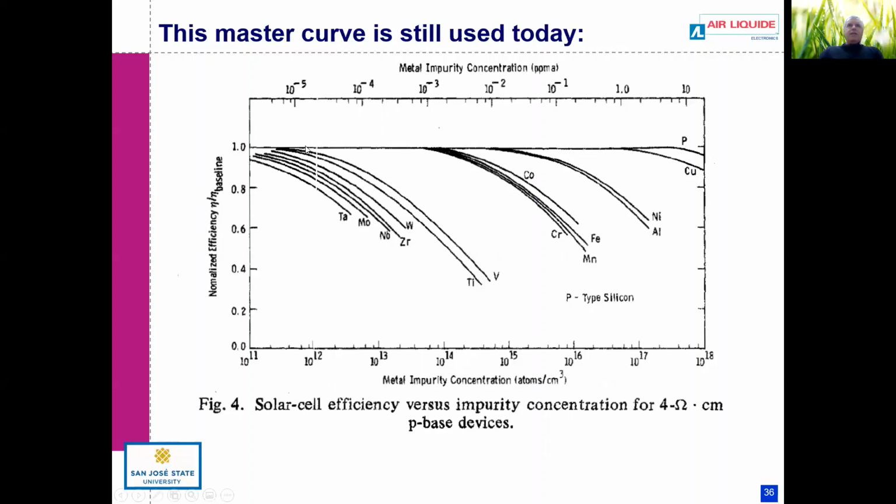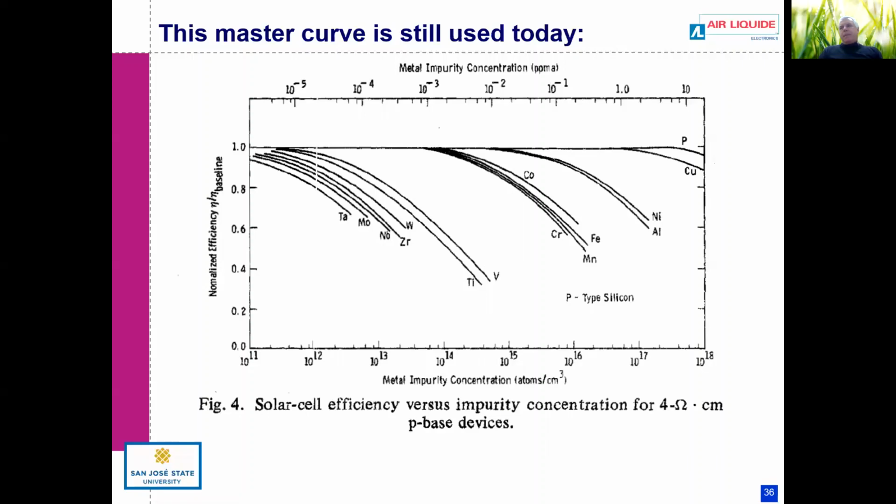From a baseline efficiency of 1, it only takes 10 to the 12 atoms per cubic centimeter of tantalum to cut the efficiency to 60%. So 10 to the 13th atoms per cubic centimeter.